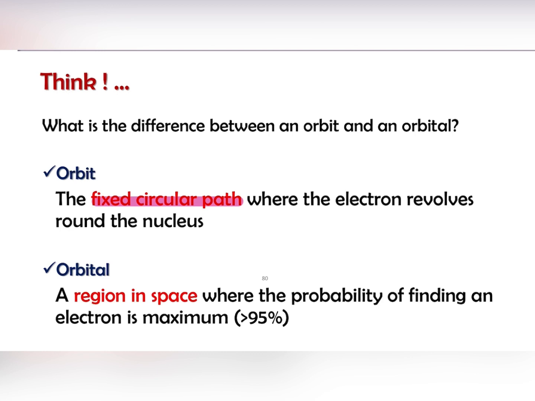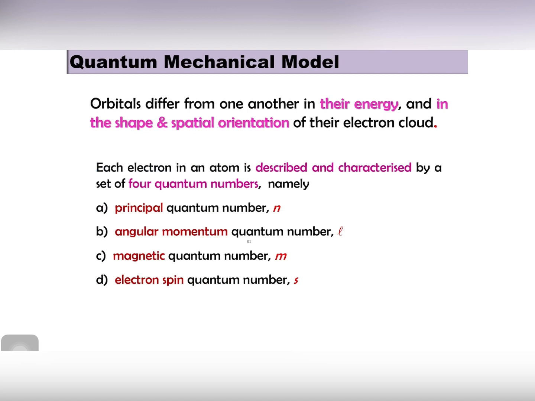But for orbital, dia adalah region, 3D region in space where the probability of finding electron is maximum. Maksudnya, elektron berada di bahagian 3D region tersebut. Okay, setiap orbital tu berbeza dari segi energy, dari segi shape and dia punya spatial orientation of their electron cloud.